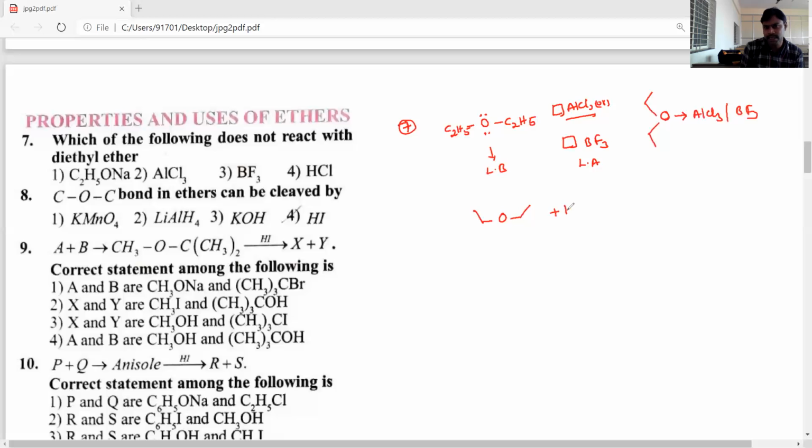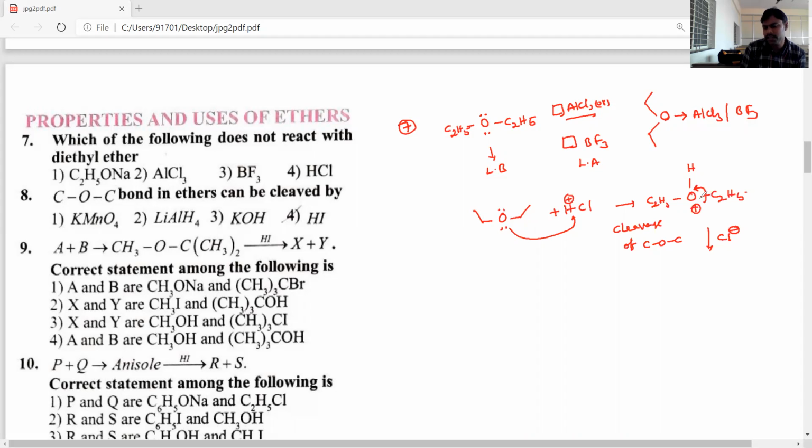When it reacts with HCl, it is possible. In the cleavage of ethers, first it reacts with the H+ ion. See, both are symmetrical ethers. The next step is that Cl- attacks, a nucleophilic substitution reaction.